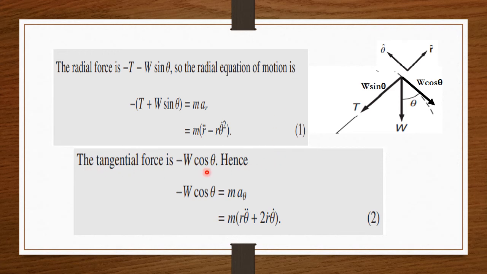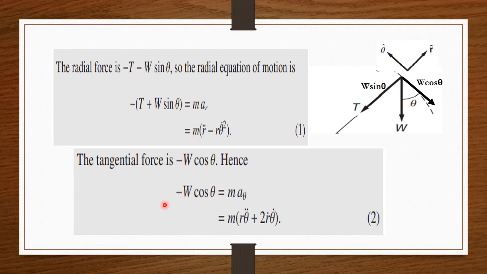Similarly, the tangential force acting on the mass m is opposite to the direction of the unit vector theta, so there will be a minus sign. Minus W cos theta is the tangential force.